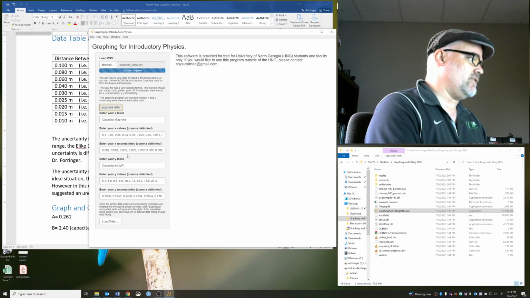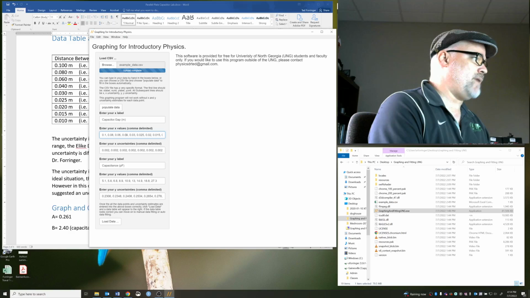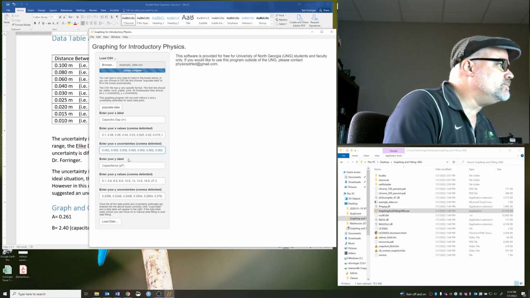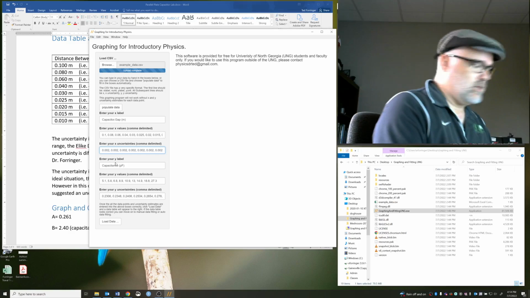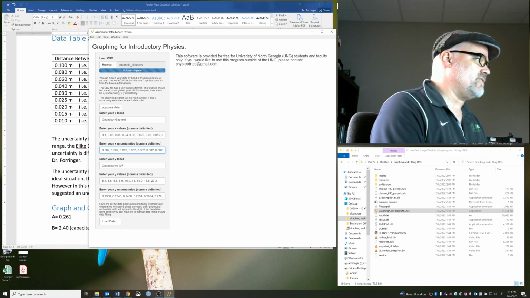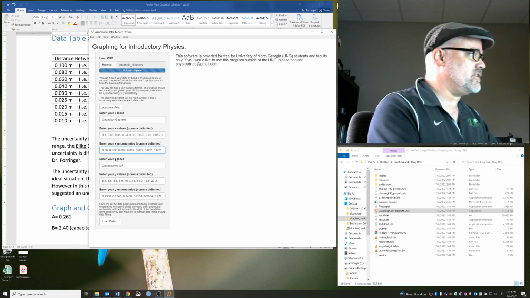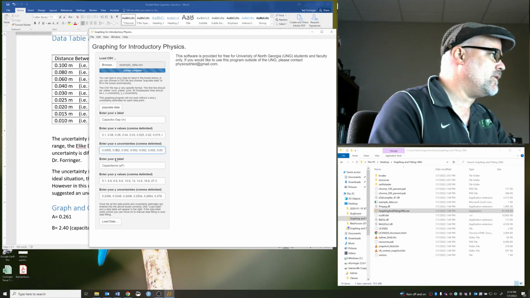Now it's still sitting here in these boxes, and what's in these boxes is what counts. So if I want to go in and change something, I can. Oh, I see. In fact, I do want to, because I've still got 2 millimeters as my X uncertainties, and I actually want these to be 0.5 millimeter each.